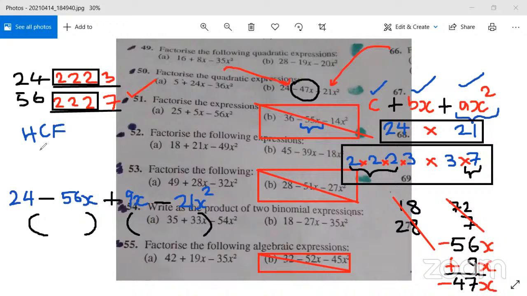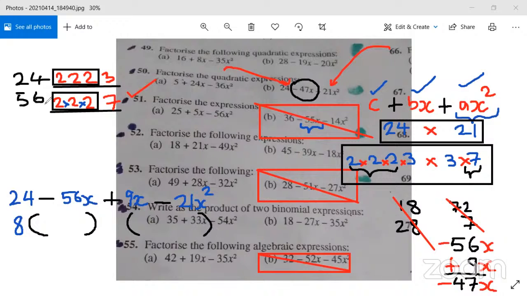They're the same thing, right? Greatest common divisor or HCF. And we found that the HCF is 2 times 2 times 2. So we found out that that is 8, right? And that is what goes in front of the bracket. The HCF always goes in front of the bracket, right? So that value will be 8.